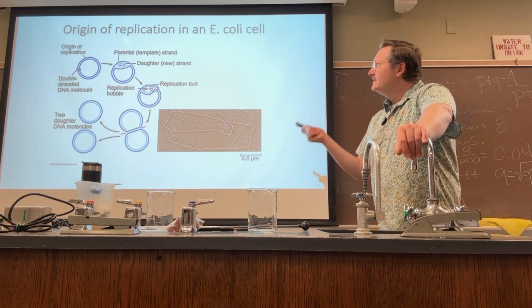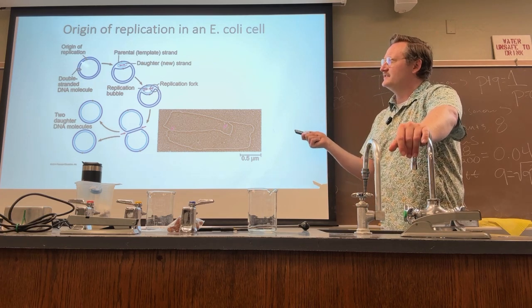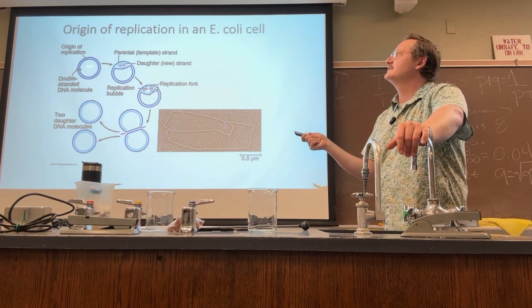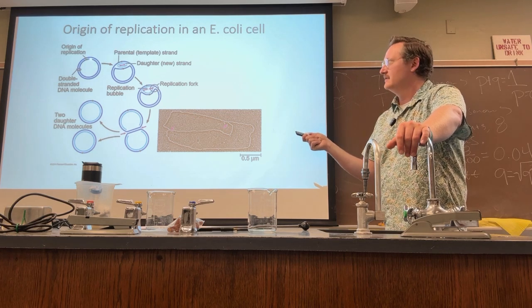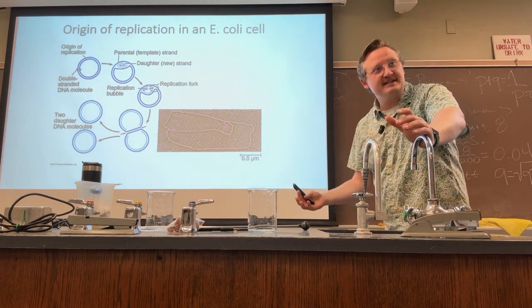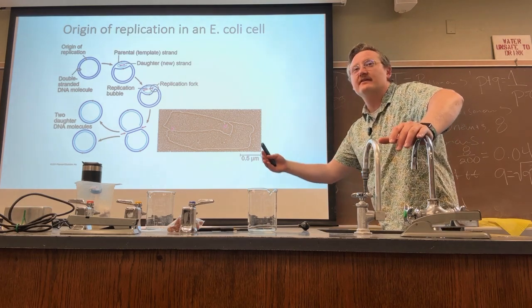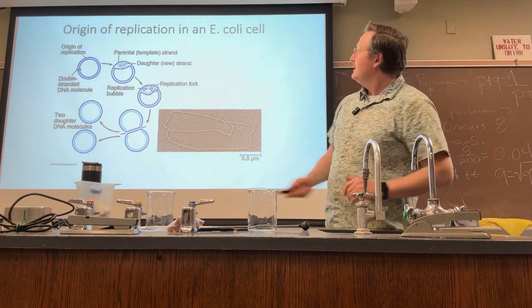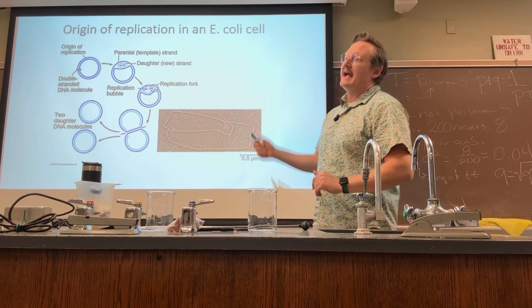All right. So in an E. coli cell, there's just a single origin of replication in a prokaryote. The parent strands, the strands that were already there, are separated, and complementary bases are added.